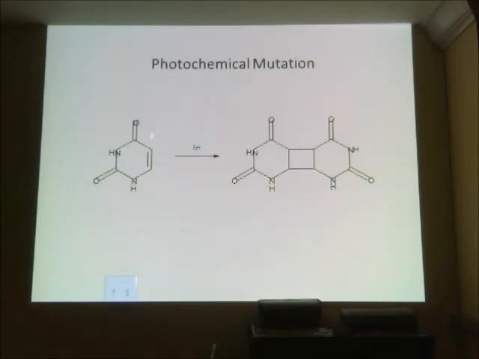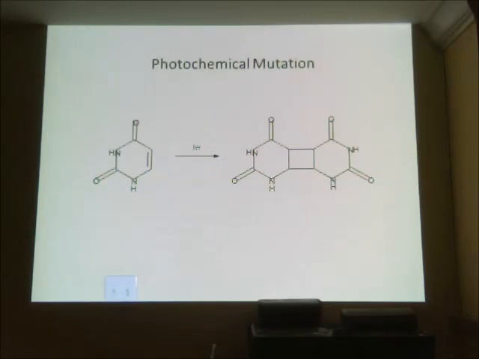If I had 2 molecules of this and it was exposed, this symbol here, h nu, stands for ultraviolet light in this case. It would have to be in the UV range for this reaction to take place. We'd have a methyl group here and a methyl group here. 2 molecules of thymine would condense to give us this material, called a thymine dimer.